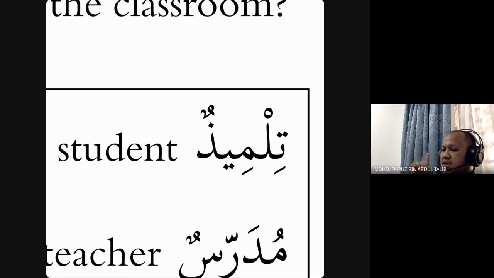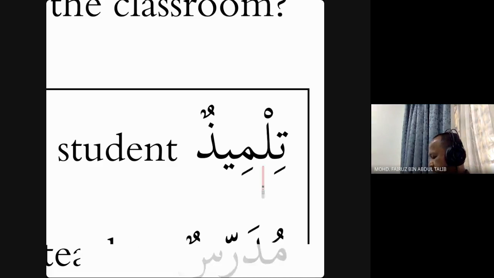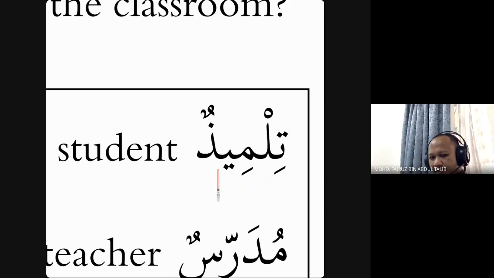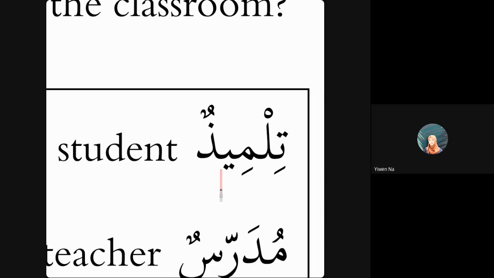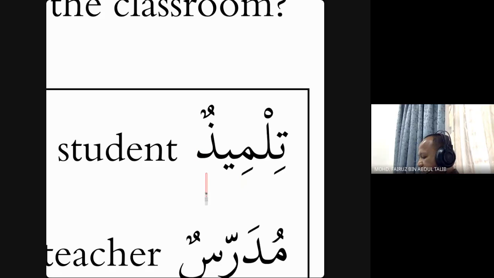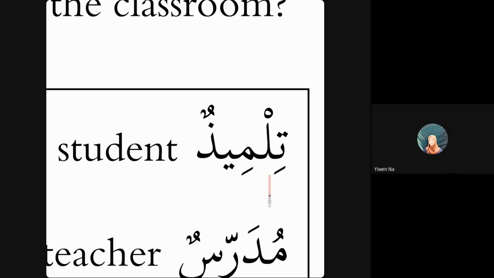Right, so tilmiz is a male student. How do you say female student? How do you say a female student from this word, tilmiz? You add the ta. So how does it sound?